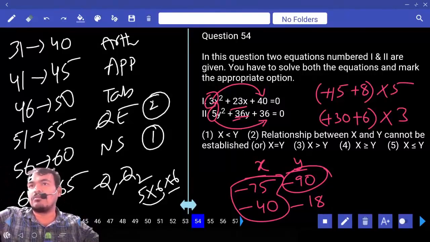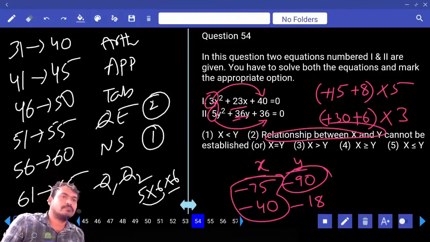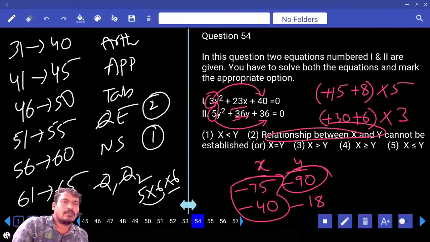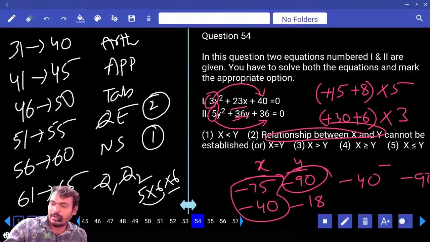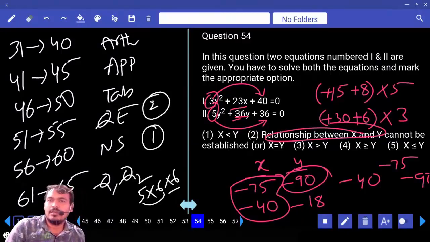In between value, or not? Then the relation can't be established, or not? Minus 40, minus 90, minus 75. In between, or not? It means one will be less than, another one greater than. Less than and greater than means can't be established, or not?